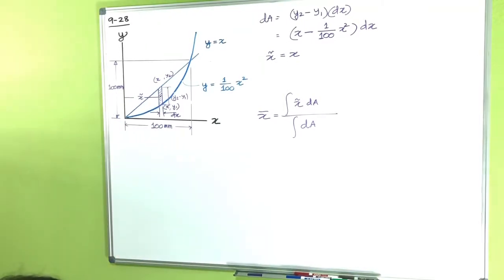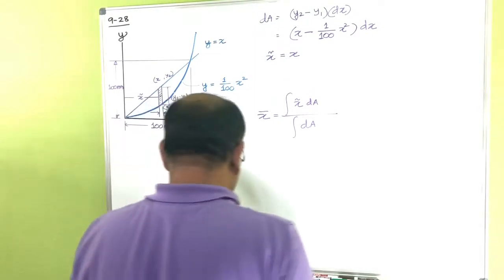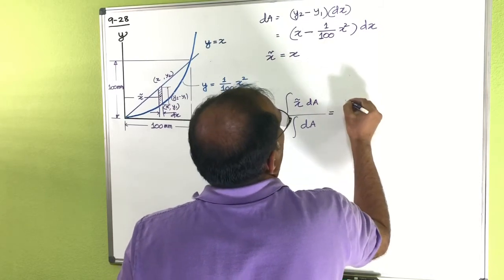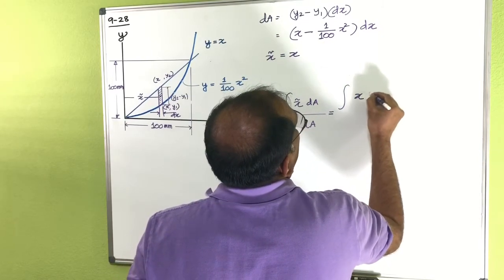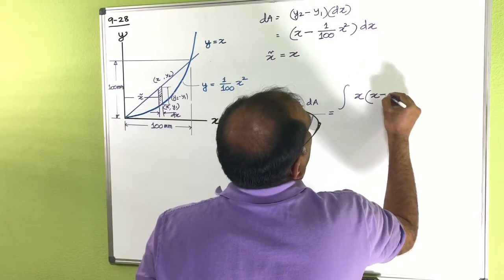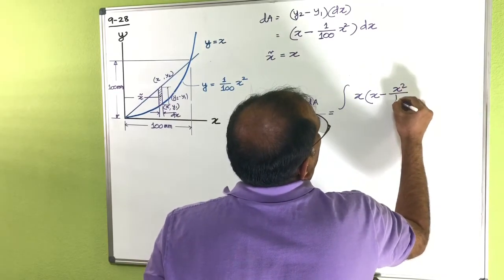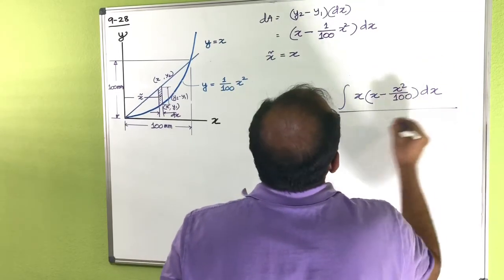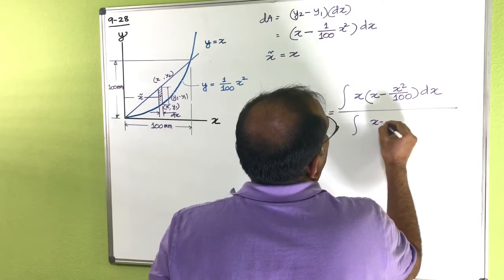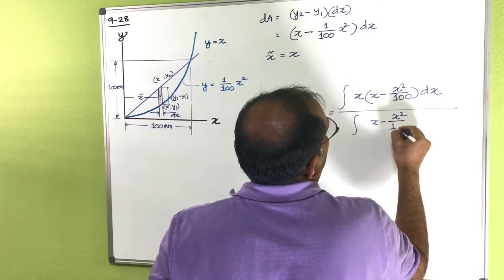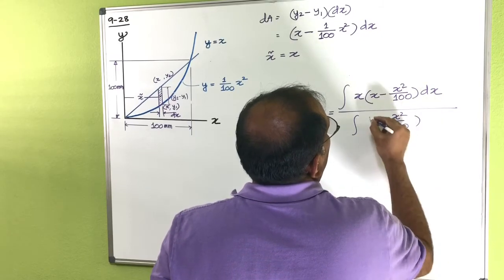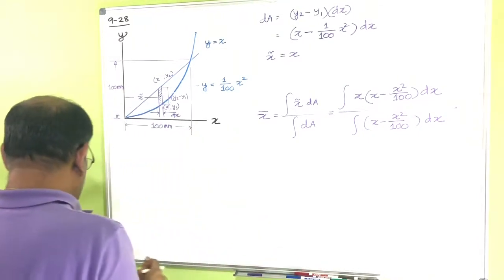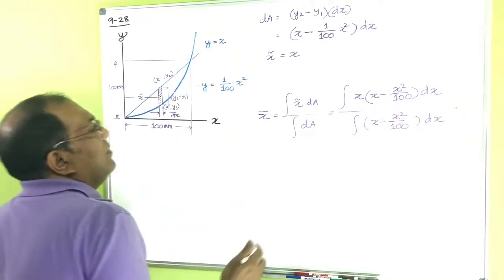So if I just try to plug that value here, you will see the integration of x into (x minus x squared by 100) dx, and this one is (x minus x squared by 100) dx. And you can see your x can vary from 0 to 100 millimeter, right?